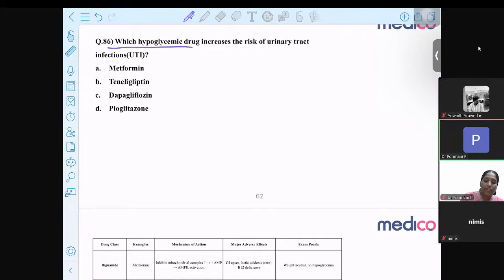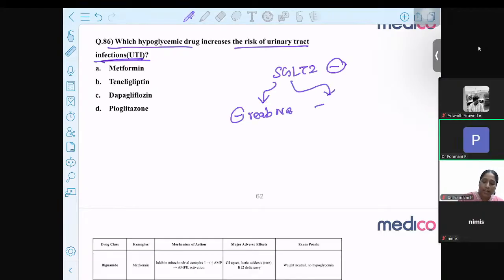Which hypoglycemic drug increases the risk of UTI? It is also an SGLT2 inhibitor. Why? SGLT2 not only inhibits the reabsorption of sodium, it also inhibits the reabsorption of glucose.